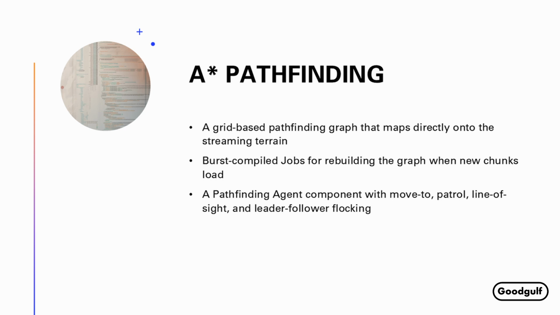A static obstacle cache so physics checks are skipped for geometry that hasn't changed. Configurable graph resolution, defaulting to one node every 2 meters for performance. A pathfinding agent component with move to, patrol, line of sight, and leader-follower flocking.